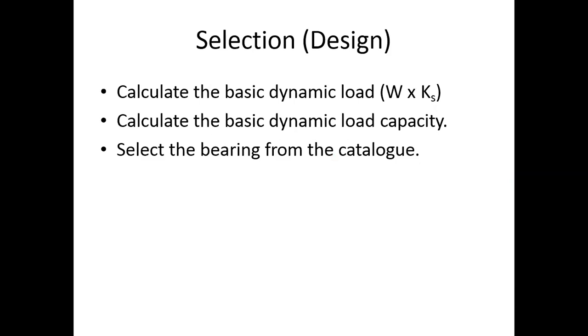Now, for the selection, or you can say the design, of rolling contact bearing, first you have to calculate the basic dynamic load which is applied to the ball bearing. Then you have to calculate the dynamic load capacity of the bearing, and then select the bearing from the catalog.